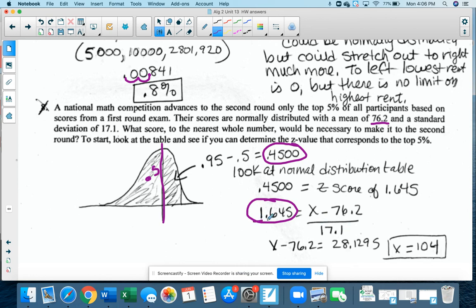And all I do is I put a 1 under here, and I'm cross multiplying. 1.645 times 17.1 is 28.1295. And 1 times x minus 76.2 is x minus 76.2. I add 76.2 to this side, and I get 104. Okay, so that would be my answer.